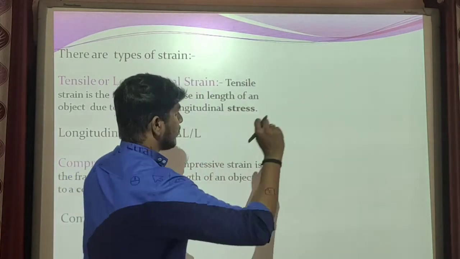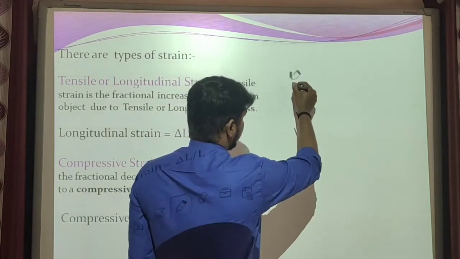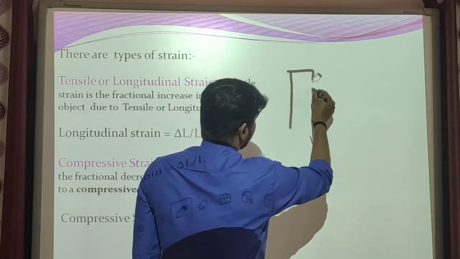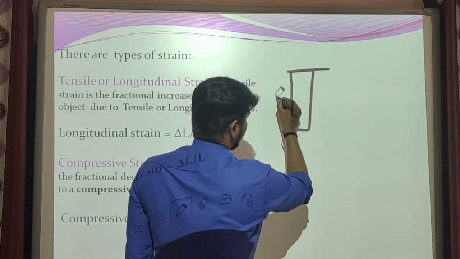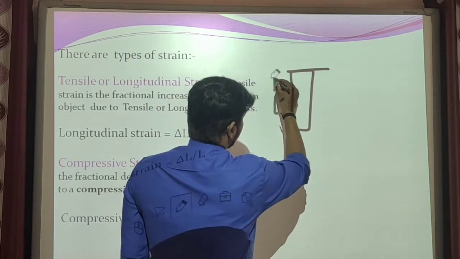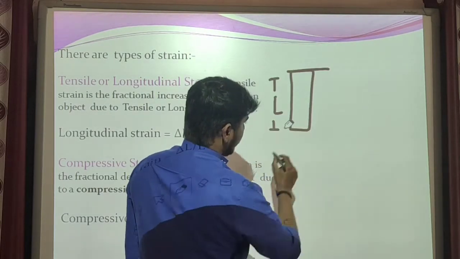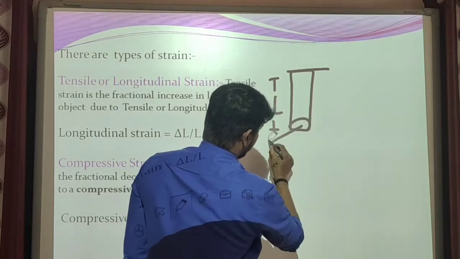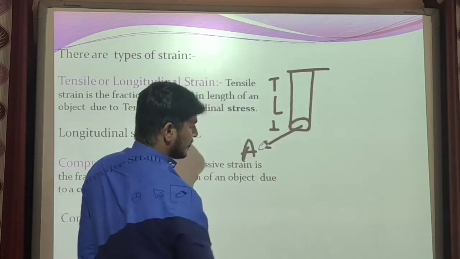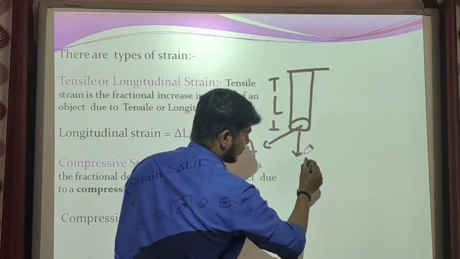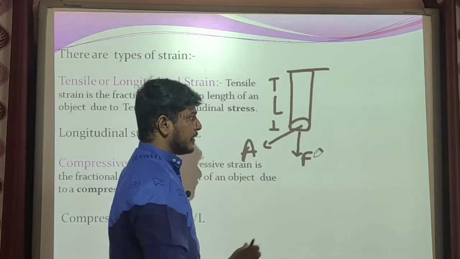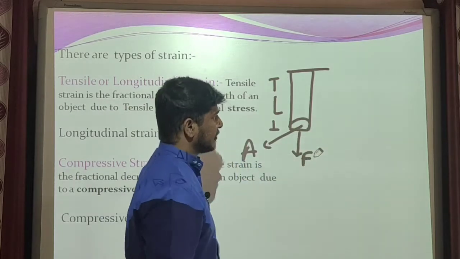Here we are going to take one object. Its one end is fixed and it has initial length L and cross sectional area A, and we are going to apply some amount of force F in the downward direction.